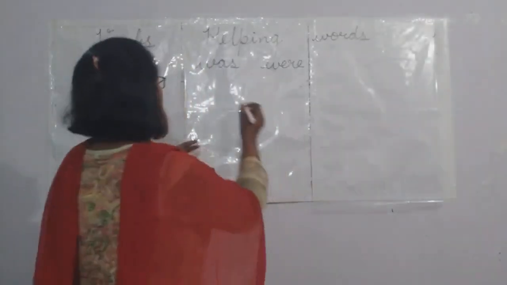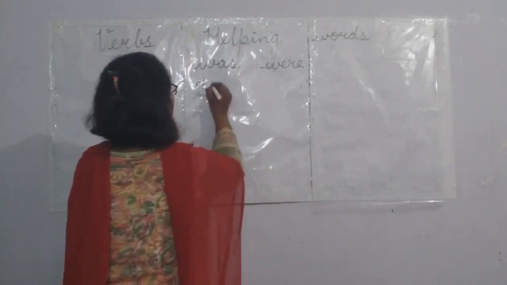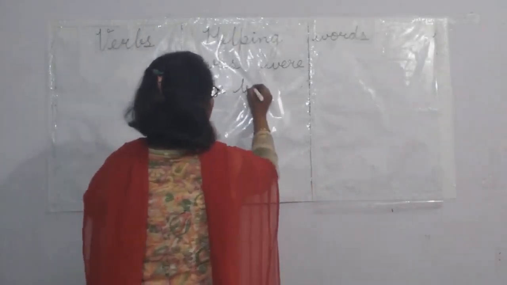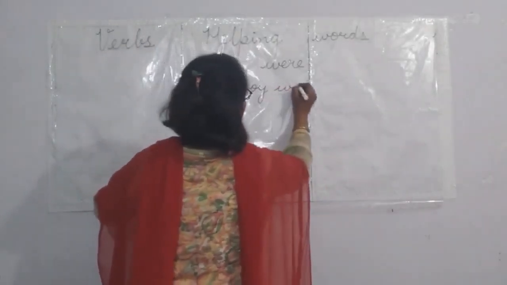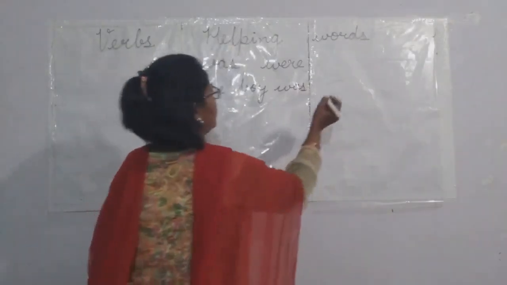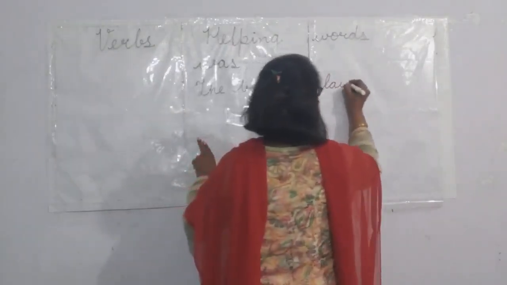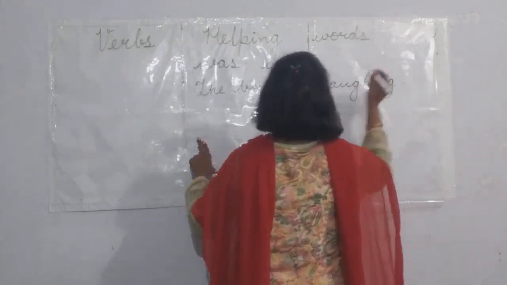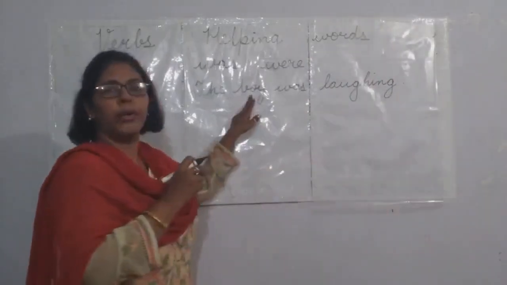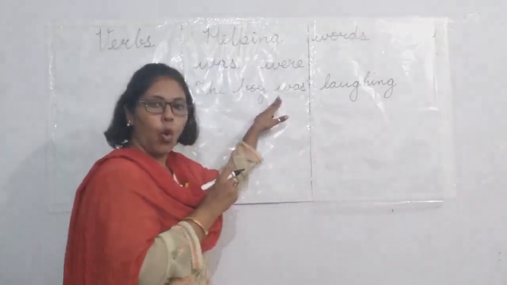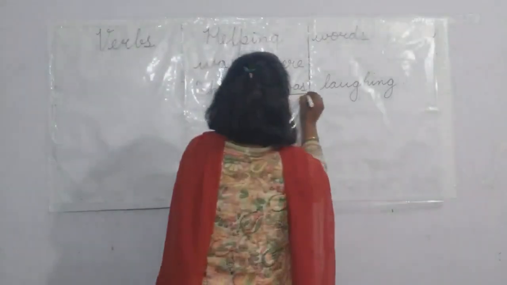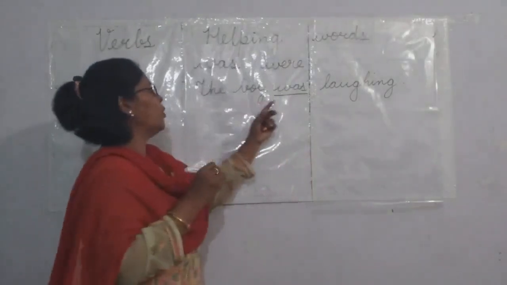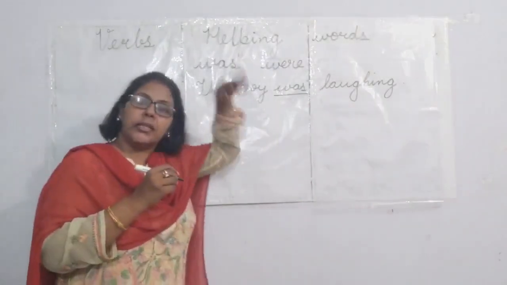First one, the boy was laughing. One person, so it will be was. The boy was laughing. It took place in the past.